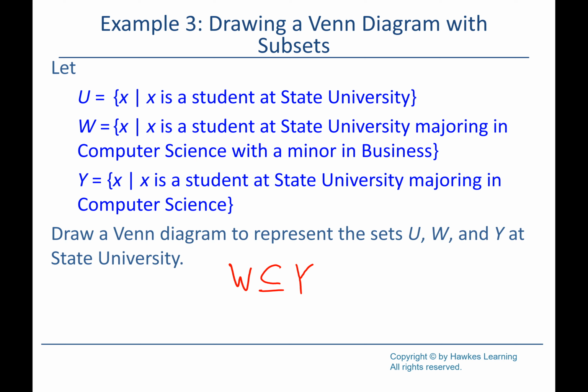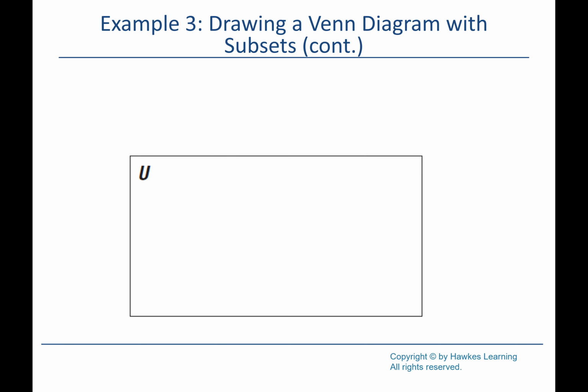So then when we draw our Venn diagram, it's usually easier to start with the bigger set. So here Y would have more members we would expect, so it doesn't matter where you draw it on there. Okay, so I would say that's set Y. And then where's W going to be? Is W going to be over here? No. Why? Because W is a subset of Y. We've got people that are in W and in Y. So W's got to be in there.